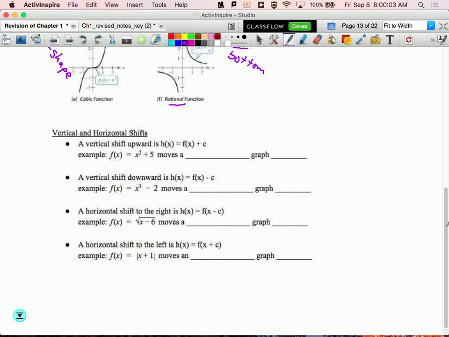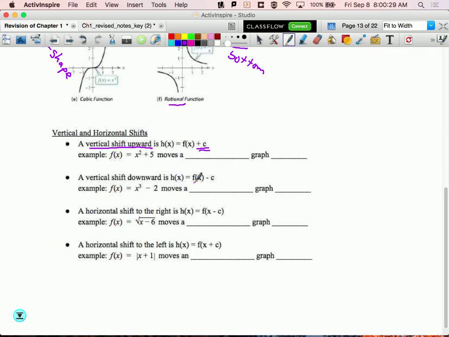So when we talk about vertical and horizontal shifts, a vertical shift upward is going to happen when it's this plus a constant, what I call outside of the function. It's a number that can just be placed at the end of an equation. So an example would be this x squared plus 5 graph.